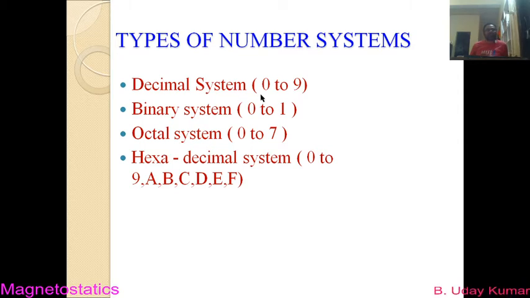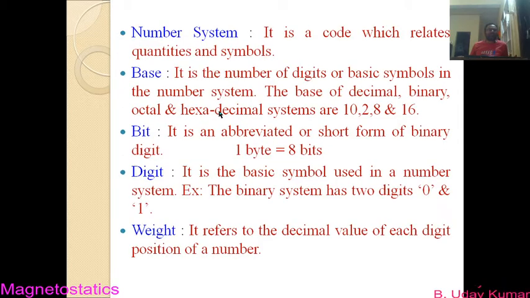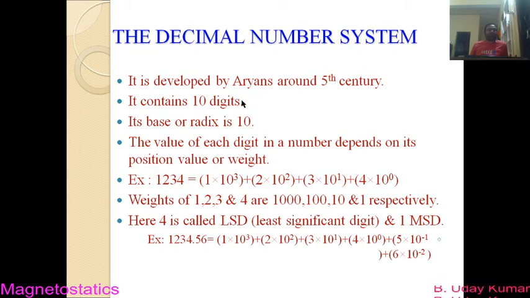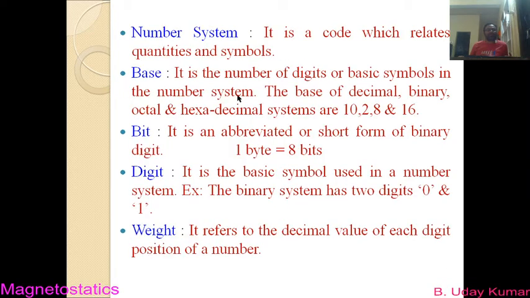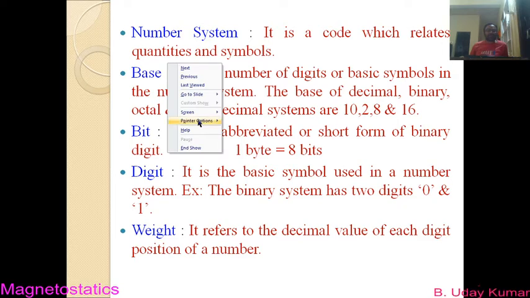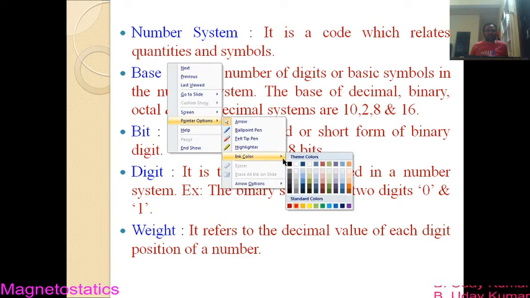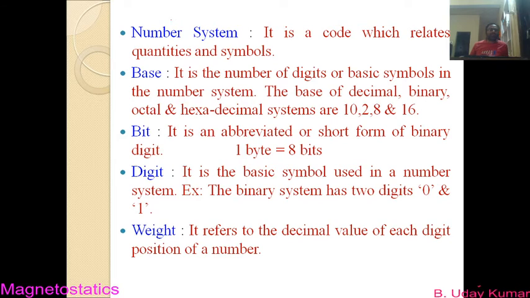Coming to the first number system, which is the decimal system. Before moving on to the different types of number systems, there are certain terminologies that you need to understand here. For convenience, let us take the ink color to be something else, say red.